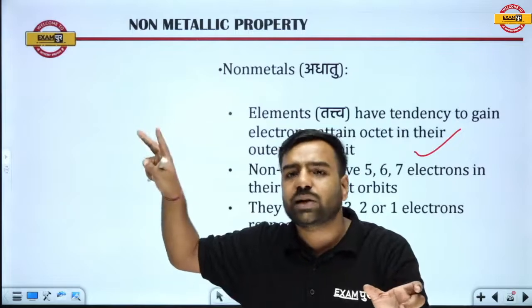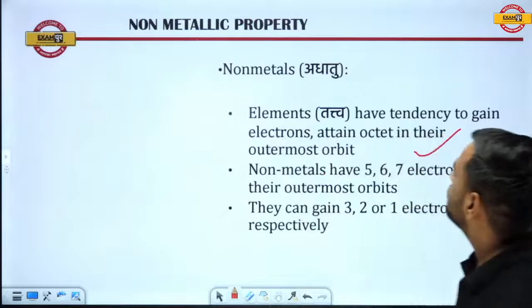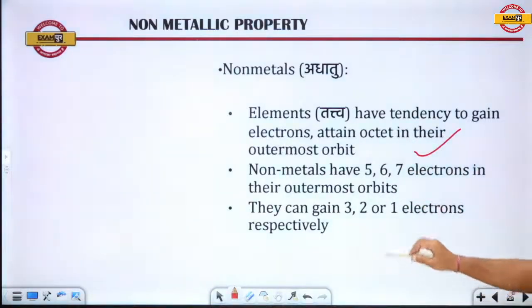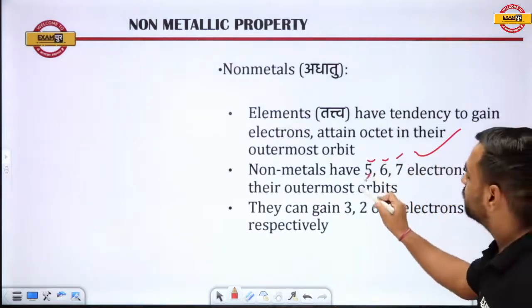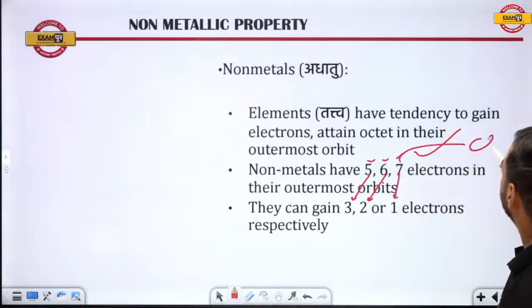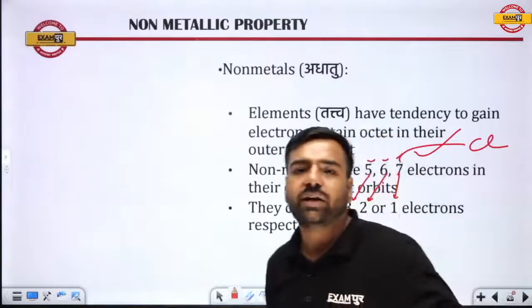But in some cases, we were talking about 2 as well. That means they need to complete their outermost shell. Non-metals have 5, 6 or 7 electrons in their outermost shell. That is, they will require 3, 2 and 1 electrons. Chlorine is the example, where it needs only 1 electron to complete its octet.